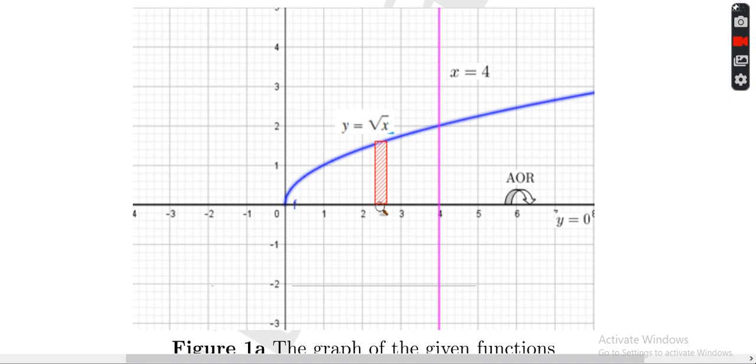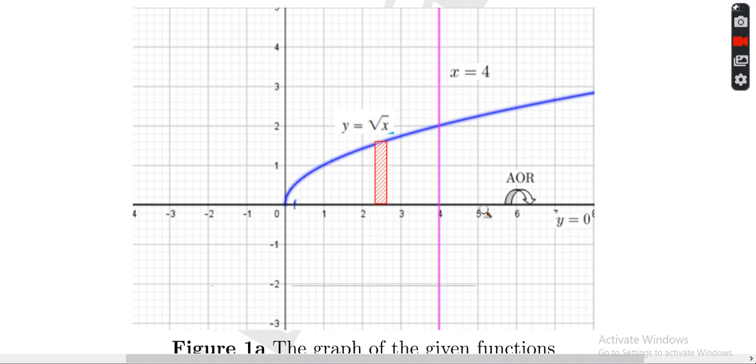Uulitin ko. Para magamit ang disk method, dapat yung strip na gagamitin mo ay perpendicular doon sa axis of revolution, at dapat naka-attach ang rectangular strip doon sa mismong axis of revolution.